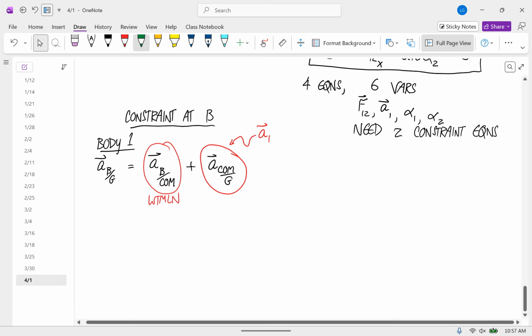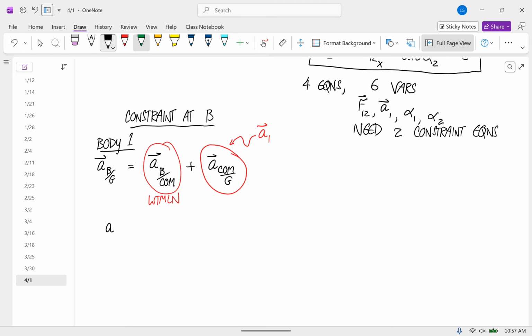Okay, so the acceleration of B relative to the center of mass is equal to alpha cross R plus omega cross quantity omega cross R. Our alpha vector is 0, 0, alpha 1.